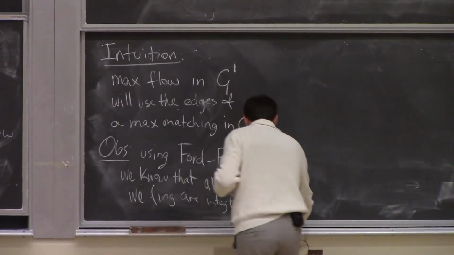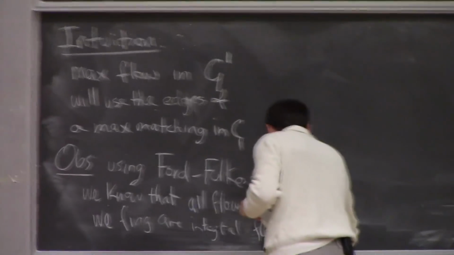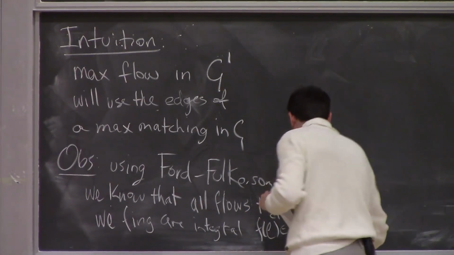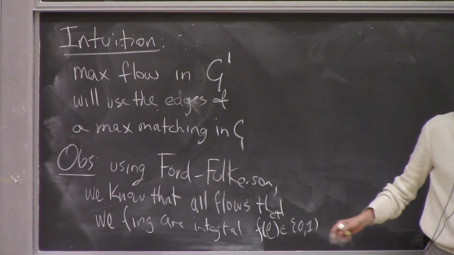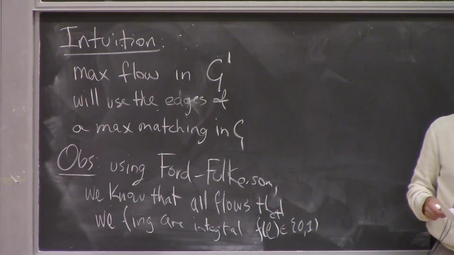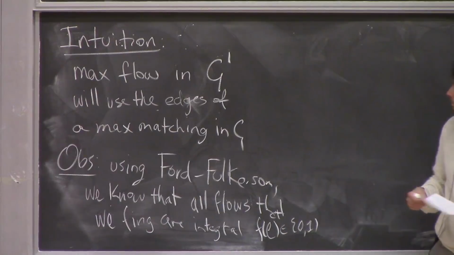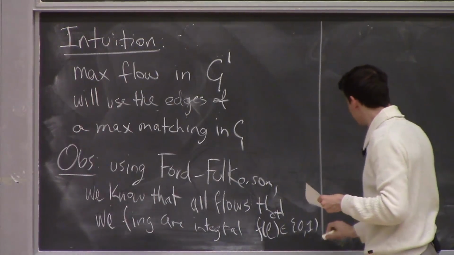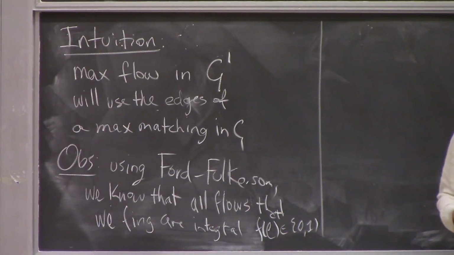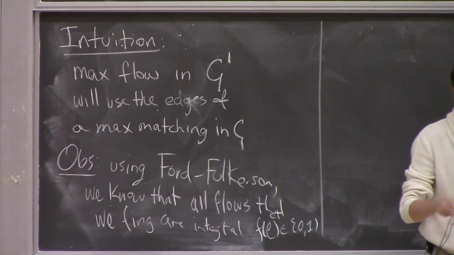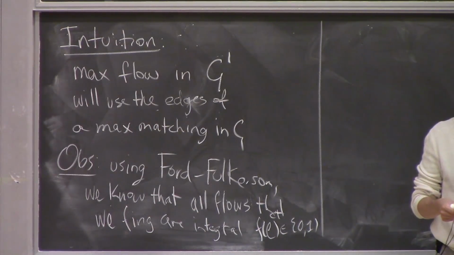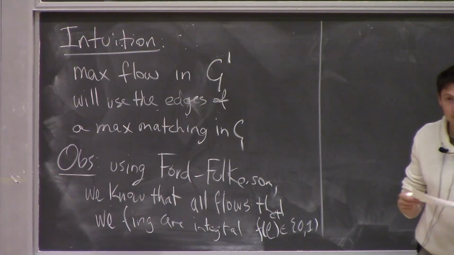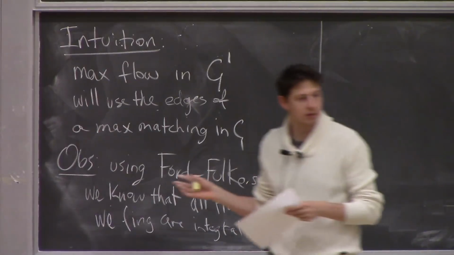Namely, f of e will be either 0 or 1 for everything, right? Because it cannot be more than 1 because all capacities are 1. So either you're using an edge or you don't, okay? All right. So now we need to convince ourselves formally that this actually makes sense, that as you maximize flow, you are at the same time maximizing the size of the matching, okay? So are there questions so far?